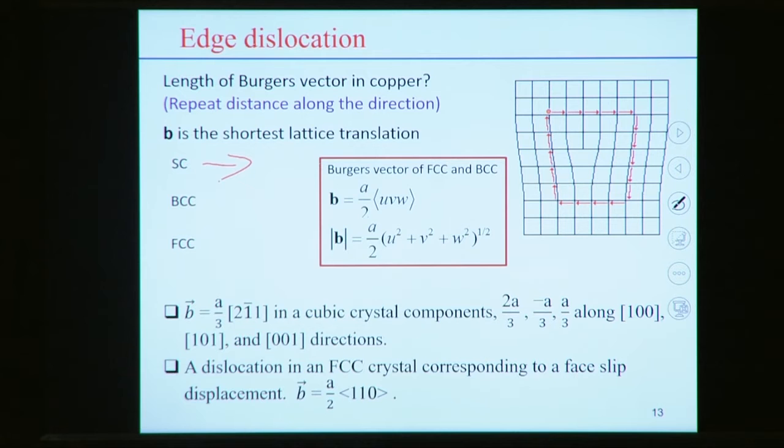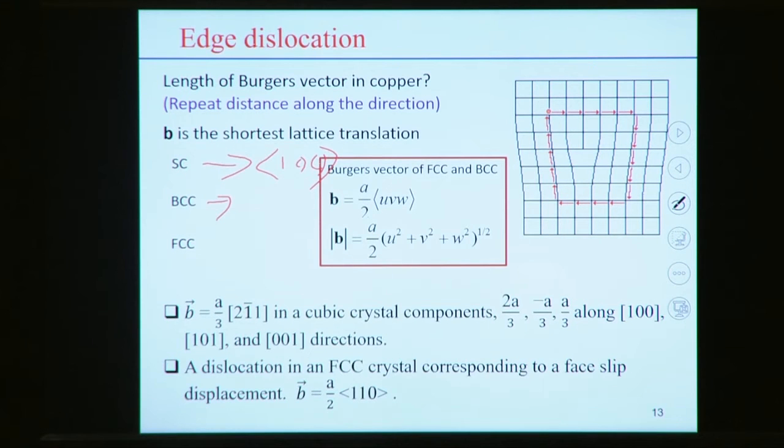So in case of simple cubic structure, the shortest distance exists along the edge. That means the direction, we can say, is 1, 0, 0. But in case of BCC structure or FCC structure, in the BCC, body centered structure, the shortest distance is along the body diagonal.